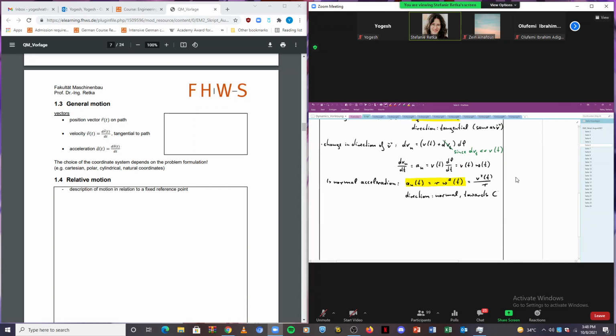And then once we computed normal and tangential acceleration, we can compute the absolute acceleration: the square root of AT square plus AN square.